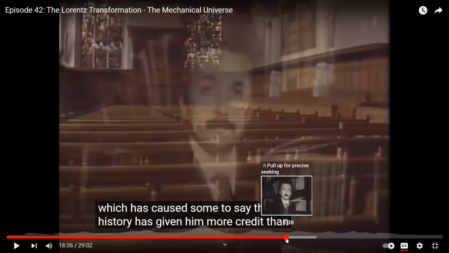Lorentz thought that the length contraction was due to a property of the electron. That was the postulate of Lorentz. When in reality, the length contraction was due to the velocity of the light that was the same in every referential. That was the key concept that Lorentz could not discover. It took Einstein to discover that.